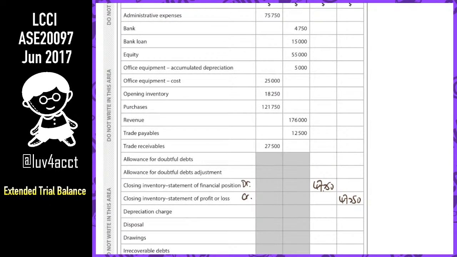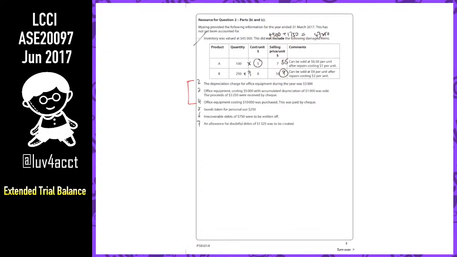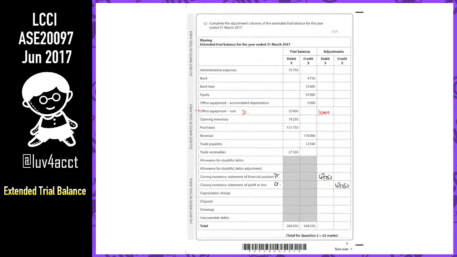So office equipment, first of all, we have a purchase of 10,000. Office equipment is in the debit side, so if we want to increase, here. And then not yet recorded, right? Paid by check. Yes, paid by check.